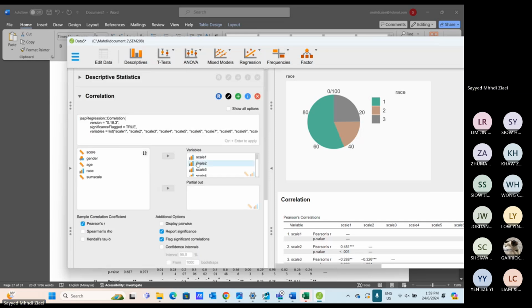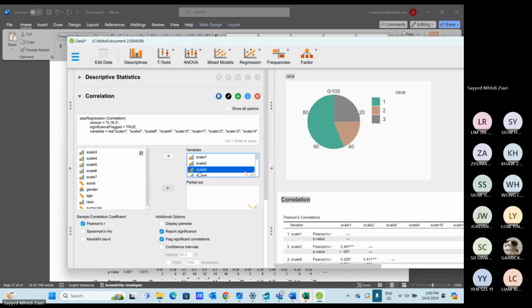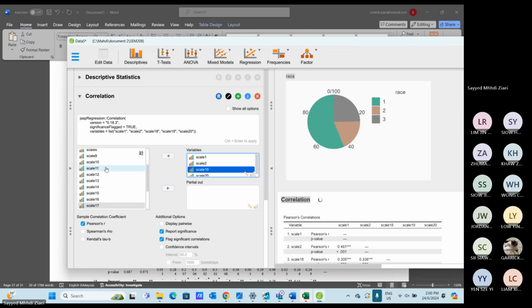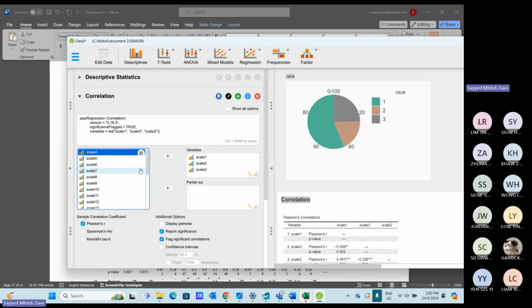Suppose you want to find the correlation between these 3 scales.